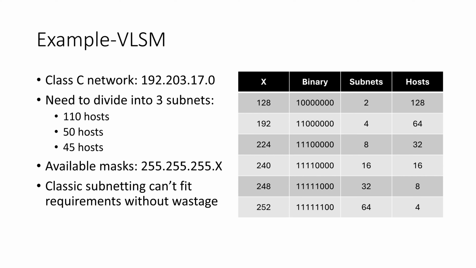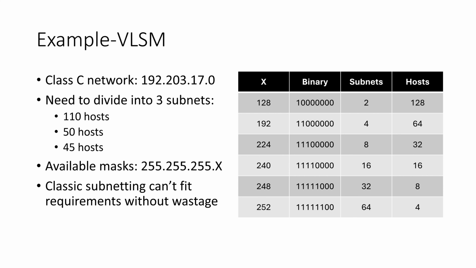Now, let's look at a practical problem to see why VLSM is needed. Imagine you have a class C network 192.203.17.0. Now you need to split it into three subnets, one for 110 hosts, one for 50 hosts, and one for 45 hosts. If you were using classic subnetting, your only options are masks like 255.255.255.128 for 128 hosts, 255.255.255.192 for 64, and so on.